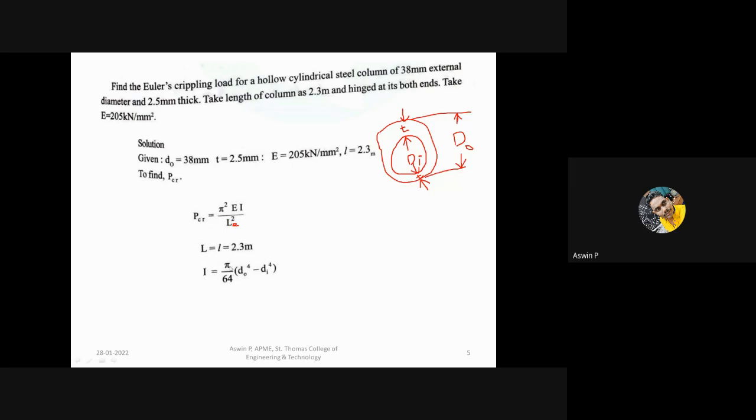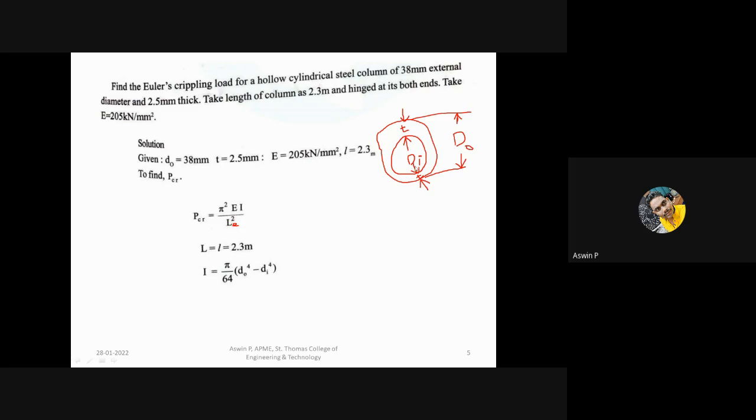The equation for moment of inertia of a hollow cylinder is pi by 64 into Do raised to 4 minus di raised to 4. As we already know Do is 38, we need to find di. For that, use the relation di equals Do minus 2 into t.